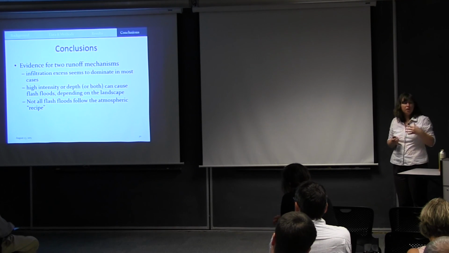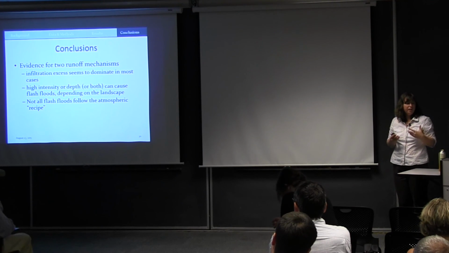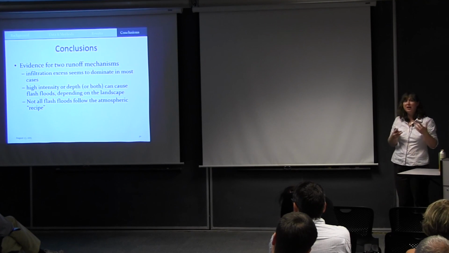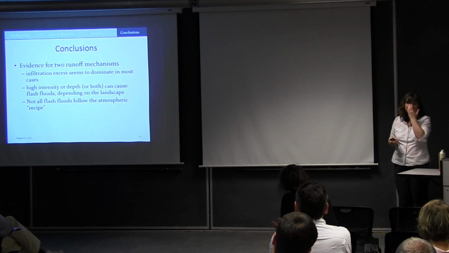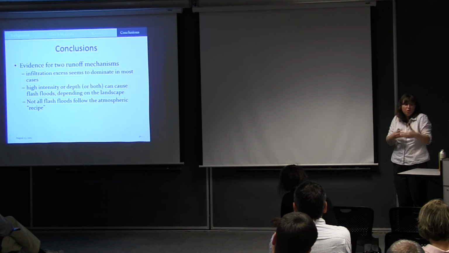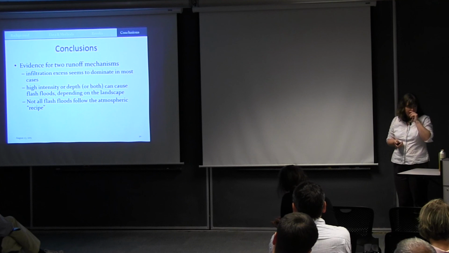If we consider all of these landscape properties while we're talking about vulnerable areas, and also find a way to incorporate this time and space variable soil moisture, which is difficult, into our assessments of the susceptibility of any given watershed, then we're going to be better prepared to forecast when and where flash floods are going to happen.